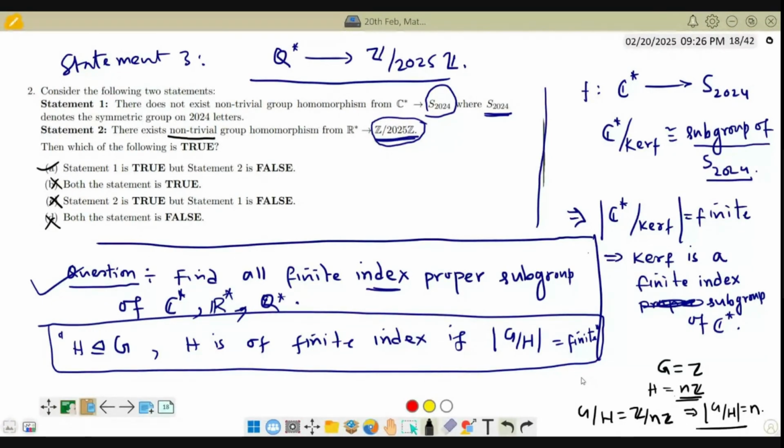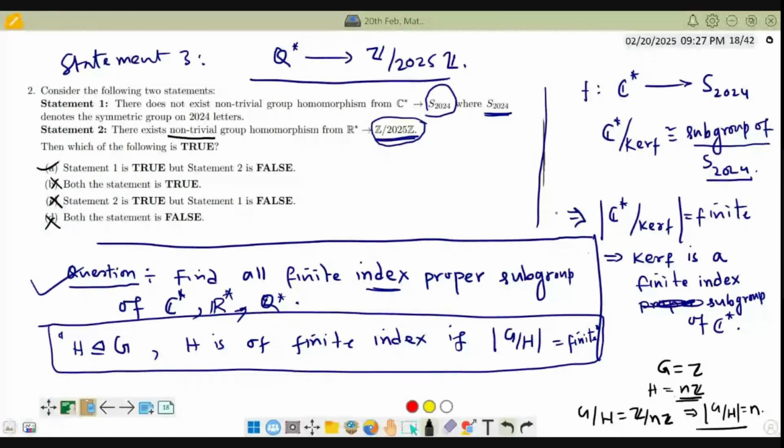But here G mod H is finite, right? My intuition says I have a formula for the cardinality of G mod H. The thing is that whenever you are reading such a formula, make sure that G and H have to be finite, otherwise you can't use it.